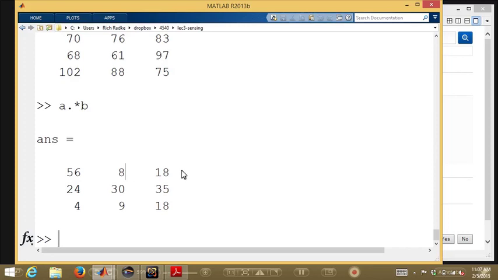The regular asterisk is going to be the regular MATLAB matrix operation. The kind of things that you need to do a lot in other classes, other electrical engineering things. You have to multiply these things as if they're normal matrices. But in this class, often that's not what you want. You want to do the dot times.